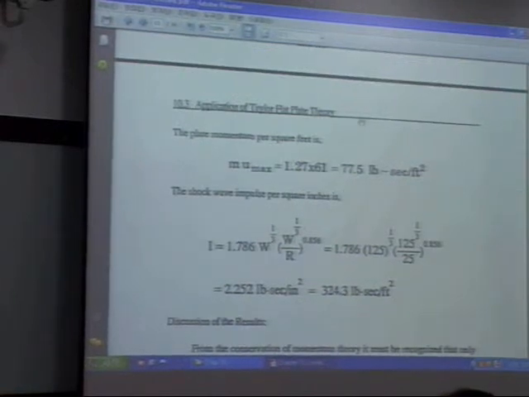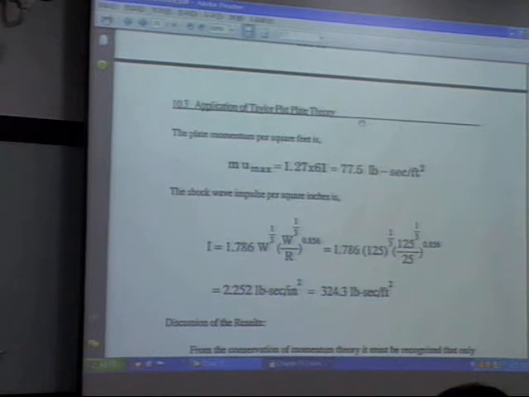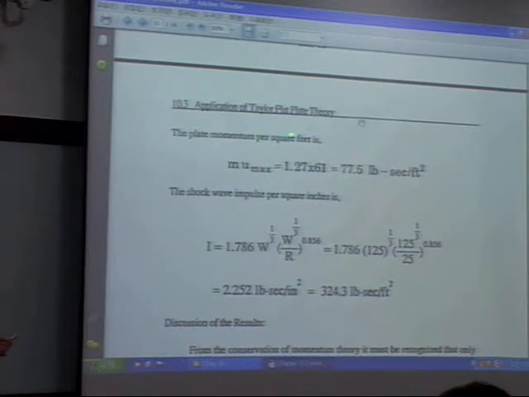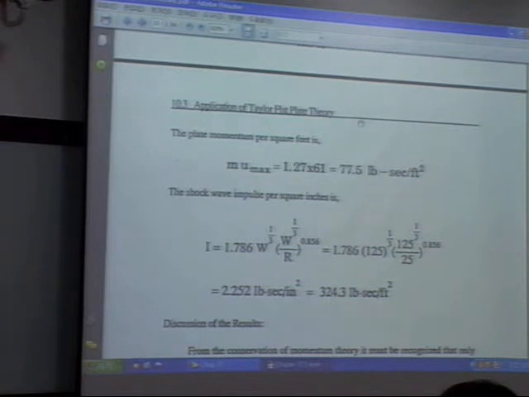With U max, you compute the mass times U max, which is really the plate momentum per square foot, per unit. In this case, it's per square foot because it's an infinite plate which we are talking about. Then this is the equation for impulse.